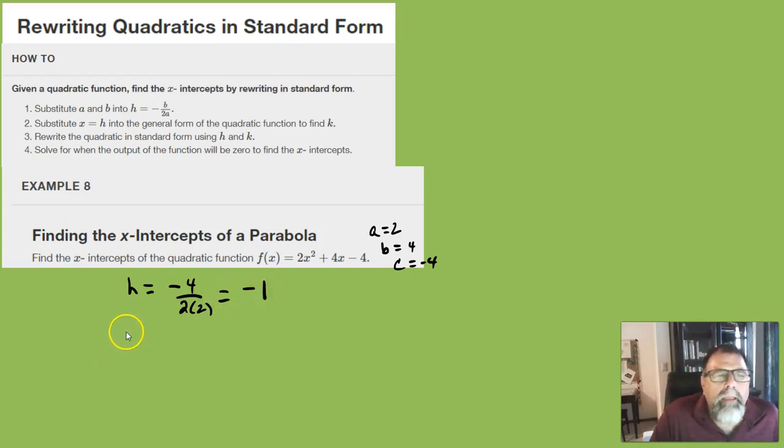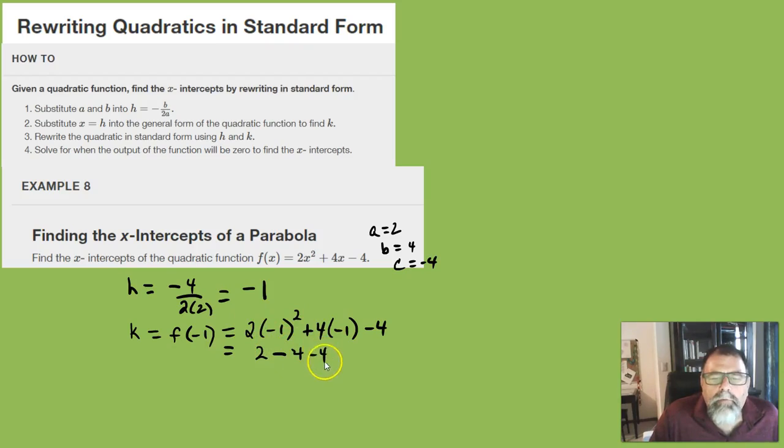And then k is f of negative 1, which is 2 times negative 1 squared plus 4 times negative 1 minus 4, which is 1 times 2 minus 4 minus 4, which is negative 6.